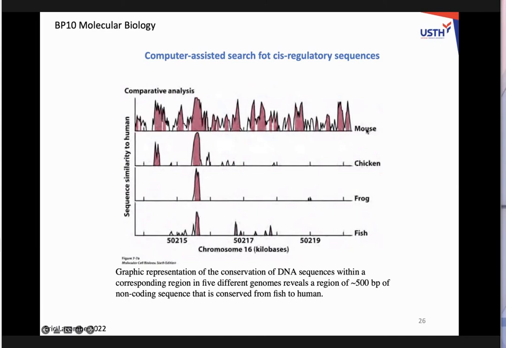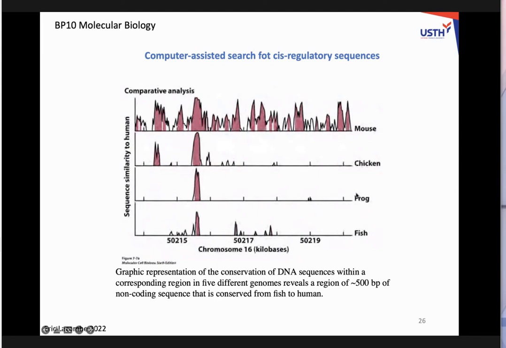So when you compare a mouse promoter with a human promoter, you see that there are some regions that are absolutely not conserved, but we found in pink very conserved regions between mouse and human. Okay, so it makes sense because the sequence similarity is proportional to the phylogenetic similarity between mouse and humans.